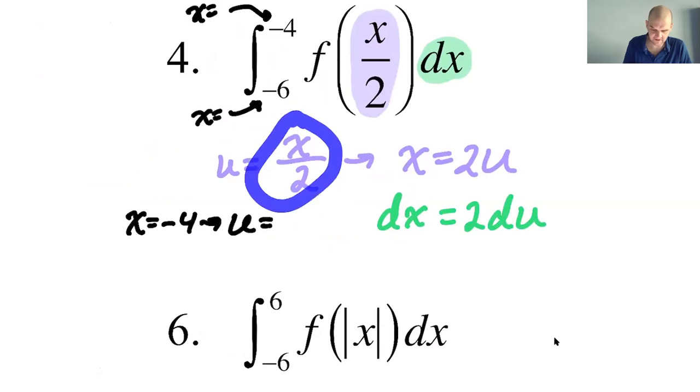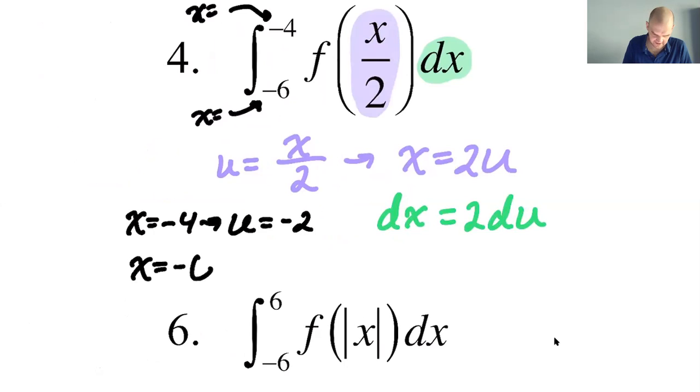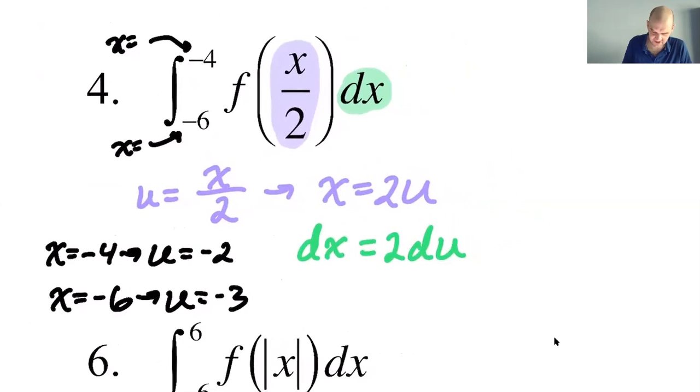I'm just subbing in here. -4 divided by 2 is -2. And when x is -6, u is going to be -6 divided by 2, -3. So I can actually change this integral, and this is where the magic happens. I'm going to change the whole integral into an integral in terms of u. So this will be from -3 to -2.